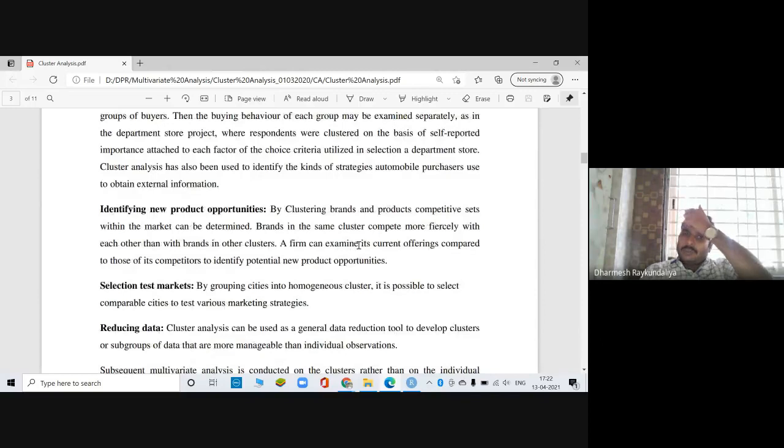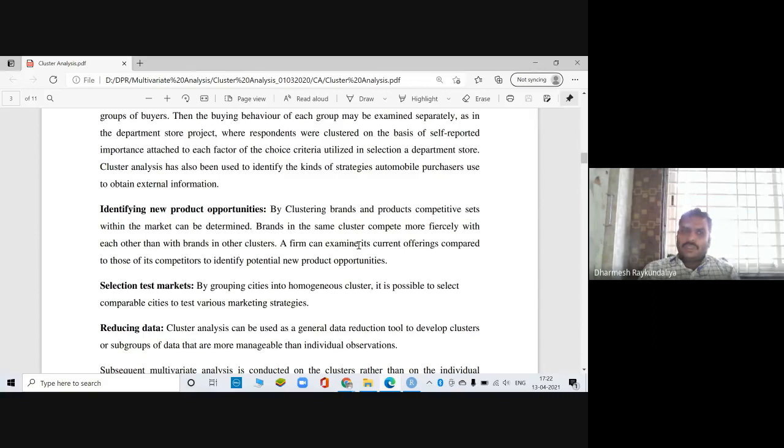Identifying new market opportunities: by clustering brands, product competitive sets within the market can be determined. Brands in the same cluster compete more fiercely with each other than with brands in other clusters. Whenever several brands are there, you look at the uses of the brand, what the particular product is, what the objective of the brand is, the contents, price and everything.